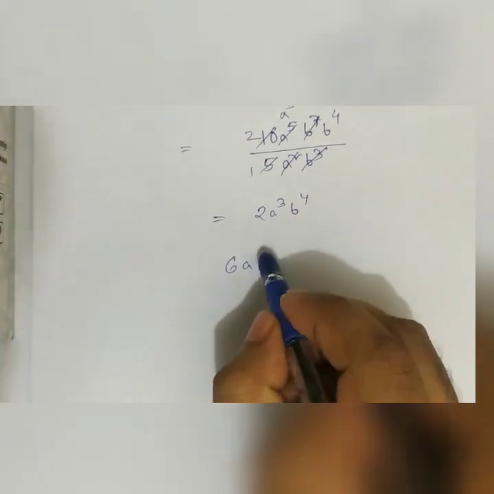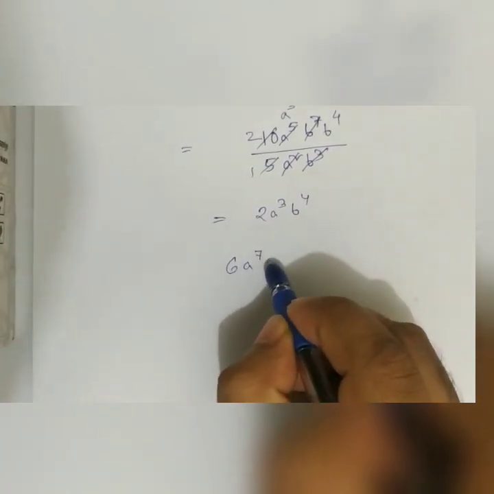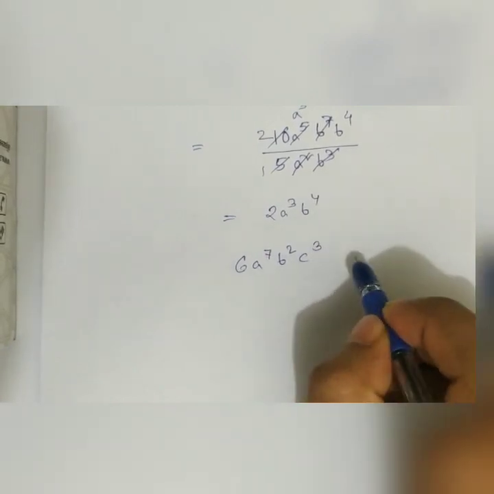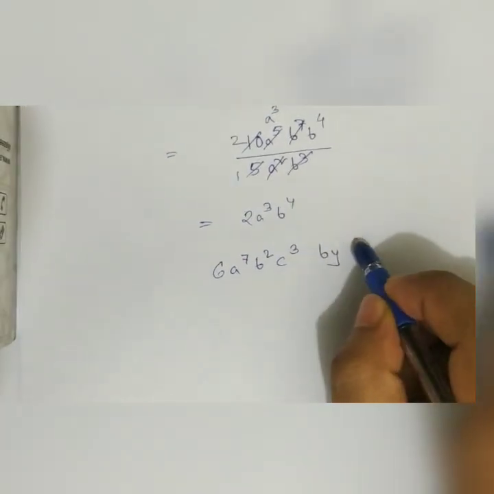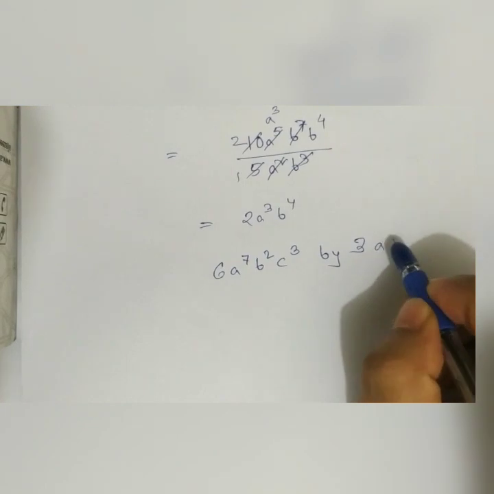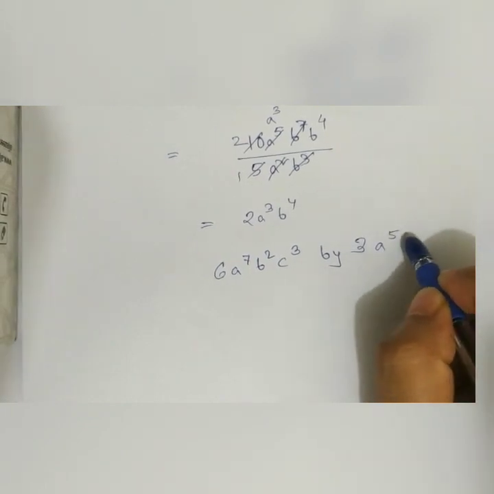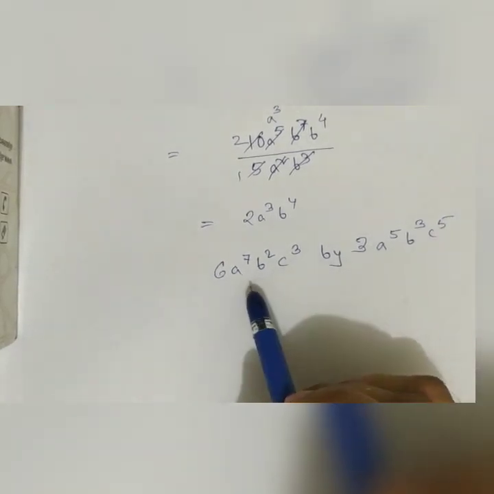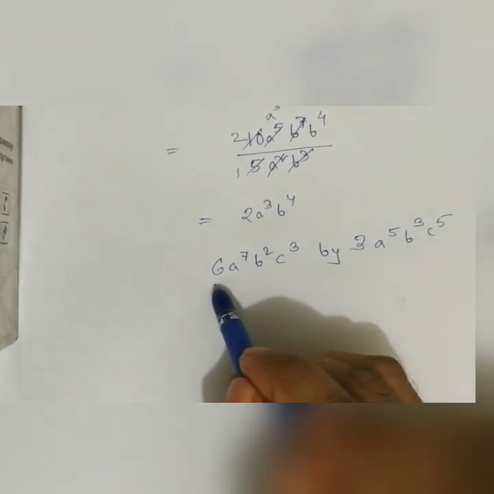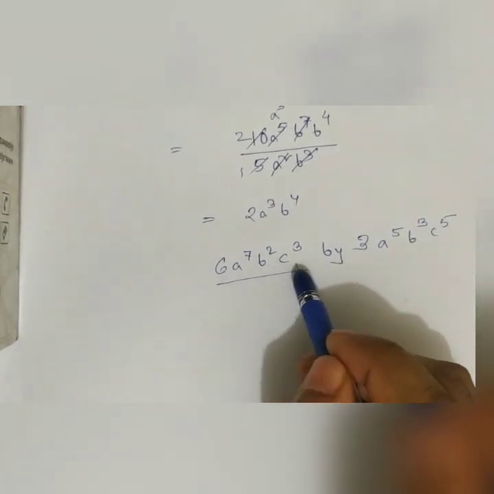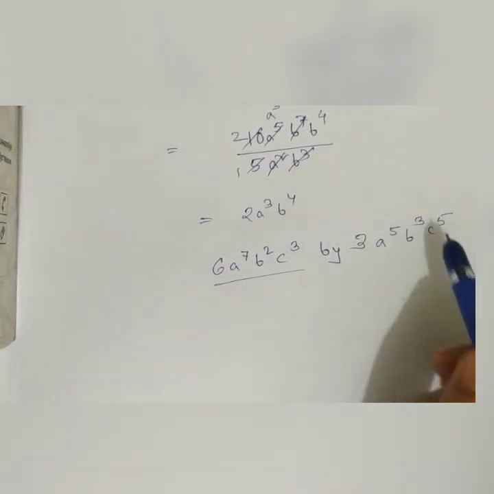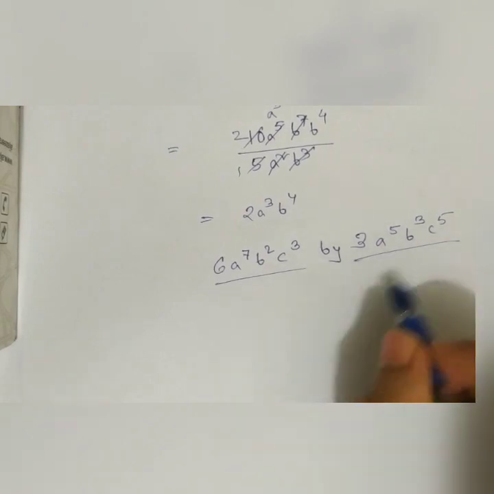Let's say another problem. 6a to the power 7 b square c cube by 3 a to the power 5 b cube c to the power 5. I have to divide this.